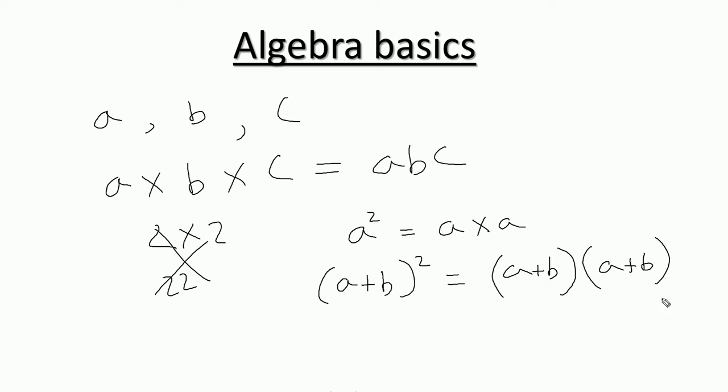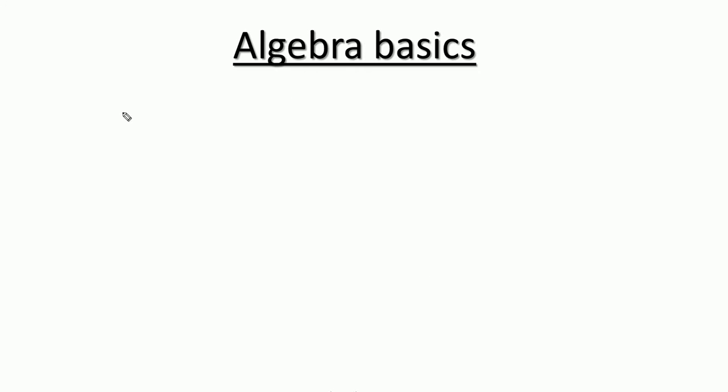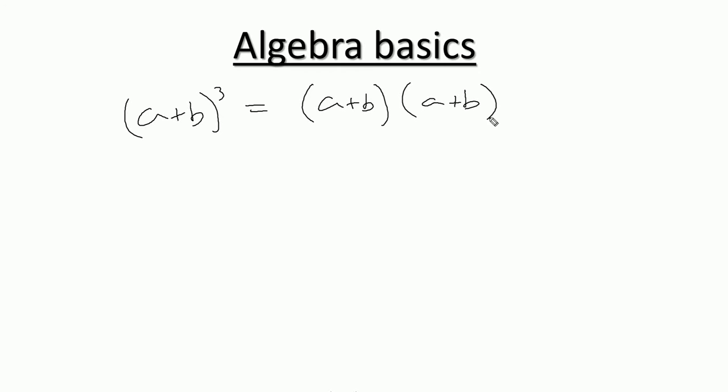And now this is slightly easier to get your head around because this does also work with numbers. So if I were to write 2 squared, that is equivalent to writing (2)(2). Where you have 2 brackets next to each other, a times is implied. And obviously this works for any power. So if I were to write (A plus B) cubed, this is equivalent to (A plus B) times (A plus B) times (A plus B).